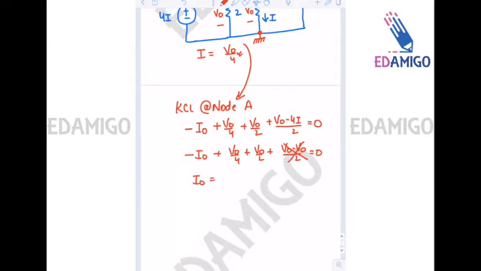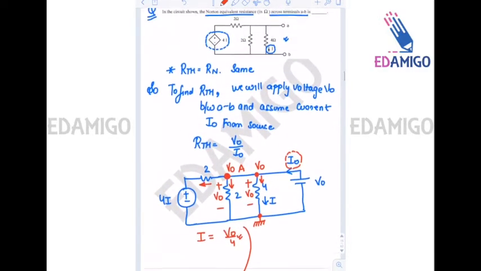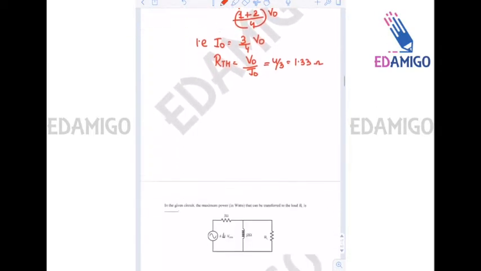So I0 comes out to be V0 by 4 plus V0 by 2, taking 4 as common, so it is (1 plus 2) V0, that is I0 is equal to 3 by 4 V0, or RTH, that is V0 upon I0, is equal to 4 by 3, that is 1.33 ohms. So this is the answer. RTH or Norton resistance is 1.33 ohms.